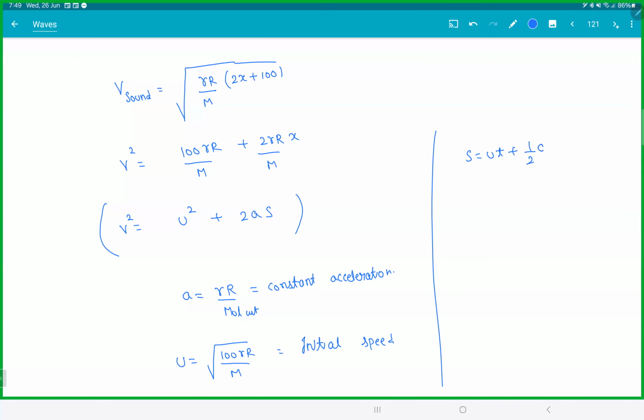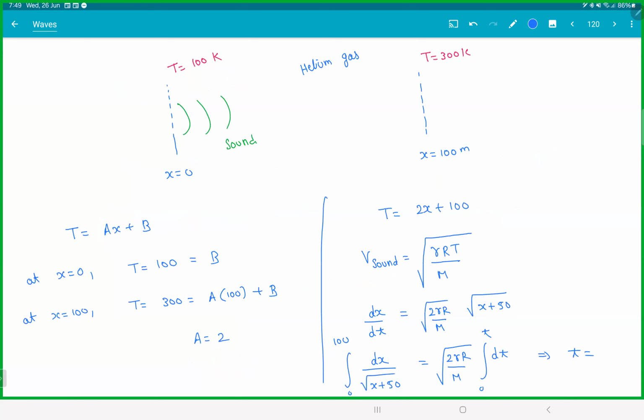You can skip integration, but they could also ask you what is the acceleration of the sound wave. So here, since the temperature is changing, the sound wave accelerates. Do you remember that rope hanging question? There also something similar happened because there also tension was changing linearly. So the ideas were same. Here temperature is changing linearly, there tension was changing linearly. There it was root over T by mu. Here it is root over temperature by M. Everything is same.